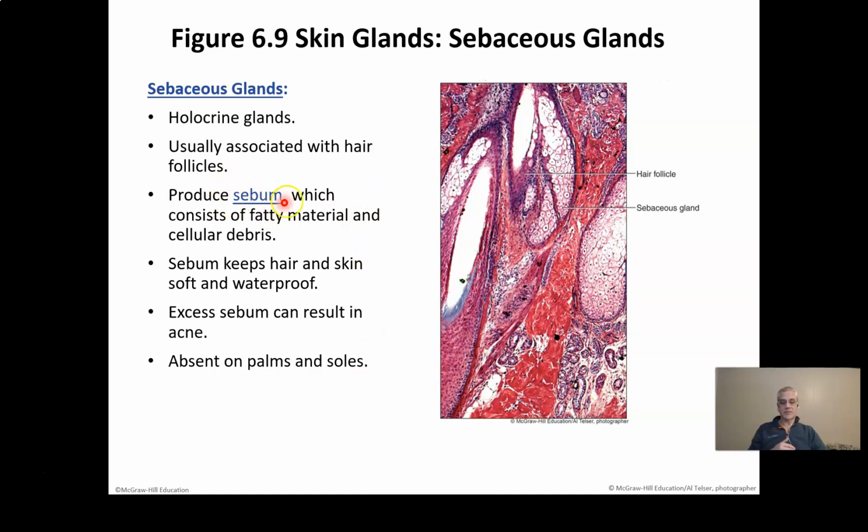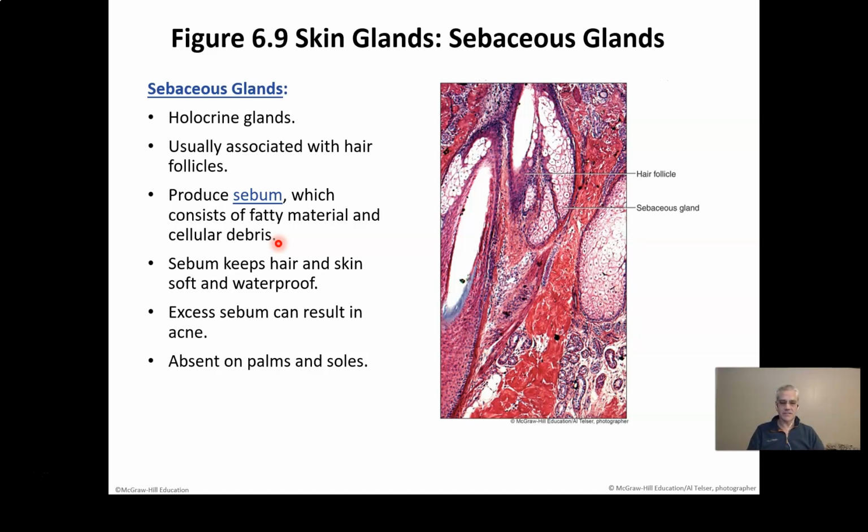And they produce this material called sebum, and that's where you get the word sebaceous from. Sebum is a fatty material that contains cellular debris, but it also acts as a lubricant to the hair shaft. It helps the hair shaft be waterproof. Again, it's not completely waterproof, but it's pretty good.